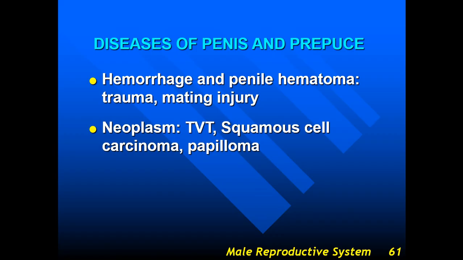and also the prepuce, and also in some cases, this tumor can be seen in the nose, in the nasal part. Usually it's related to behavior during mating in dogs. Maybe you already heard about the flehmen behavior in dogs during mating.